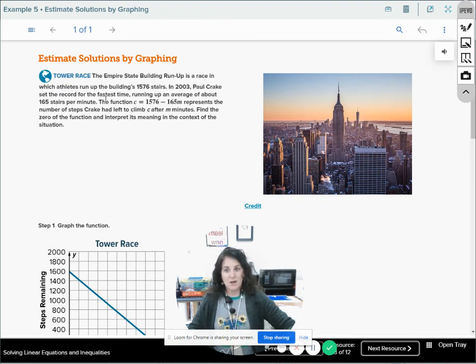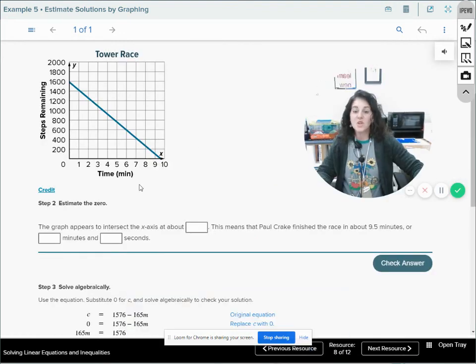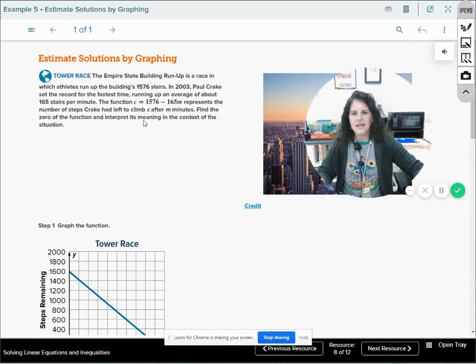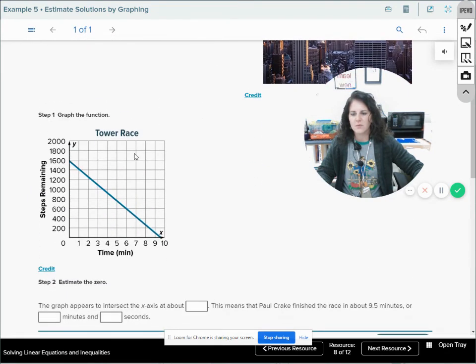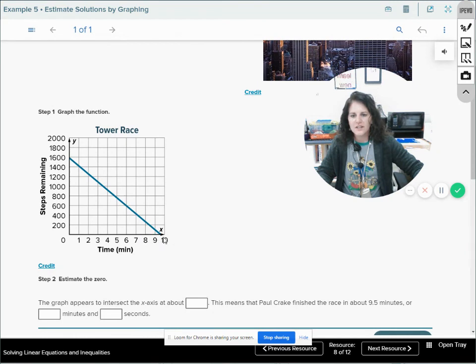Let me reread this problem. I'm going to pause it because you don't want to hear it again. Okay, so we're looking for the x-intercept to determine how fast this gentleman ran the race. If we look down here, it looks like the x-intercept is at about 10, or somewhere between 9 and 10. I'm going to guess that's more like 9.5.